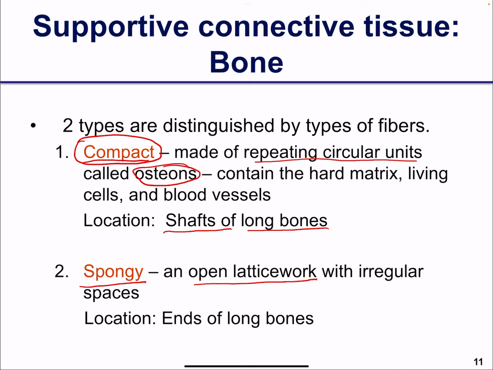These lattices are going to allow room for the bone marrow to sit in. And very specifically, at the extremity of long bones, you have the red bone marrow, right? So the spongy bone is found at the extremity of long bones. This is where the red bone marrow is going to be trapped.